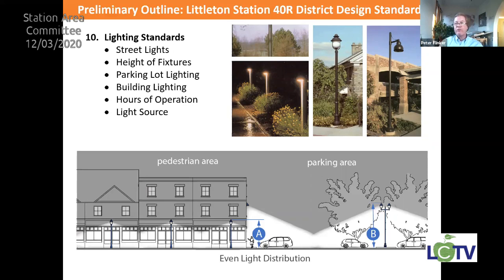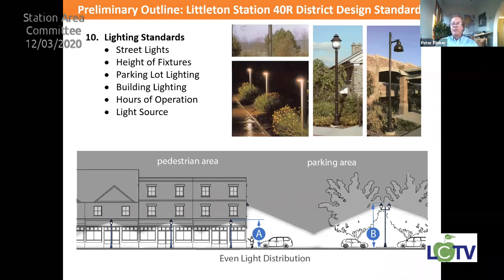One of the things we've realized is that we spent years getting people to do cutoff fixtures that wouldn't be in your eyes, but didn't worry enough about the overall level of light. Even if it's cut off, it goes down and bounces off the pavement. And suddenly you say, we ordered cutoff fixtures for this project, but you still look over the hill and there's this glow at night because all that light is bouncing.